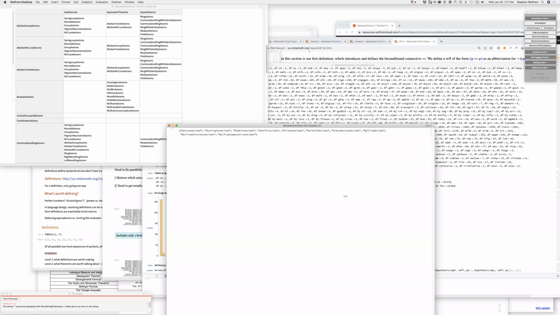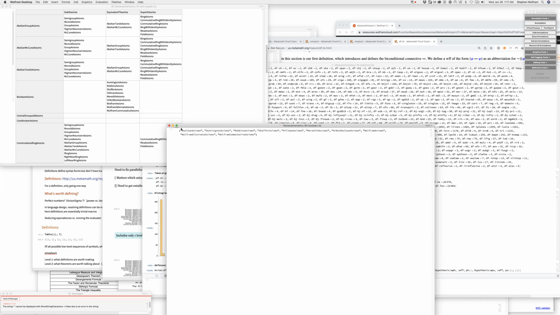Okay, so those are all the axioms. Actually, what we have to do is translate a theorem. So a good theorem might be not of not.